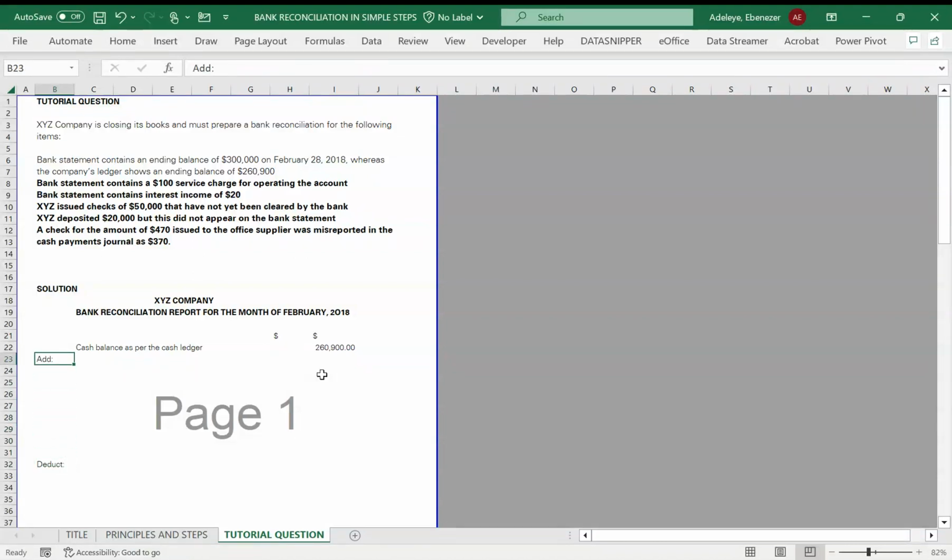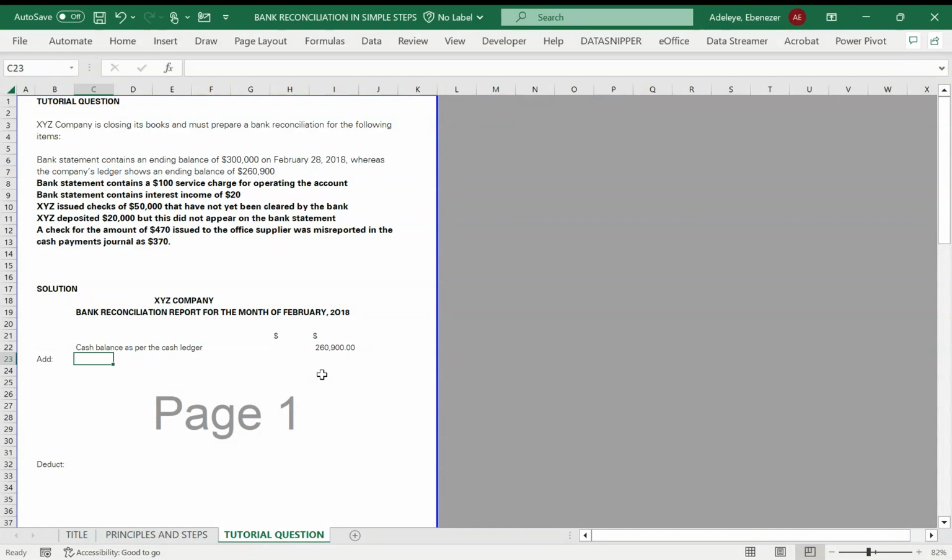So the second step is to apply the principles we have identified from the first step. We have identified the balances and identified the things that are causing the difference in the balances. So now we apply the principle. The first information says that the bank statement contains a $100 service charge for operating the account.